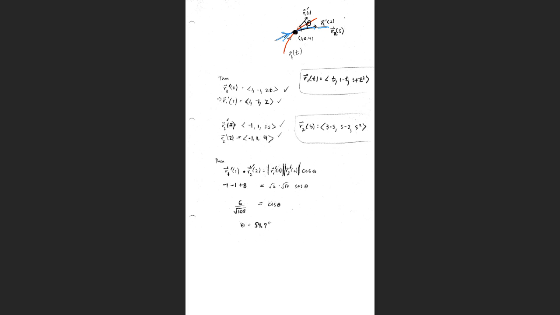Well, so I have the vectors here, R1 of t and R2 of s. Okay, and I take the derivatives of those vectors.